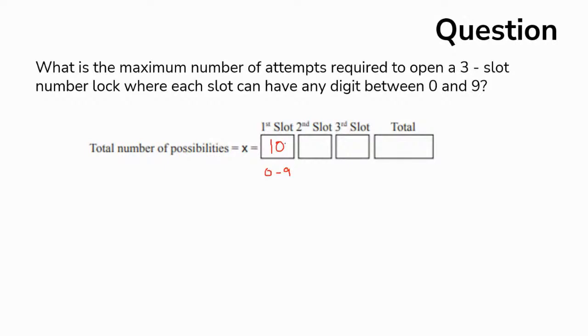It is like 10 possibilities. And the second slot can also have 0 till 9. They didn't say the repetition should not be allowed. So there will be once again 10 possible values for the second slot, and the third slot is between 0 and 9, so 10 possible values. So in such cases it is 10 into 10 into 10, you will get 1000 possibilities. Yeah, hope you are getting this.